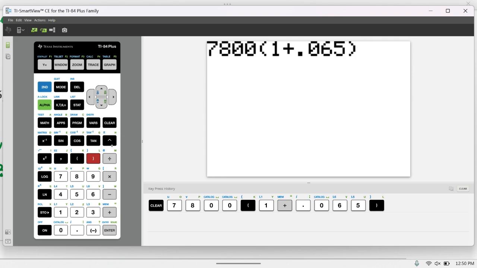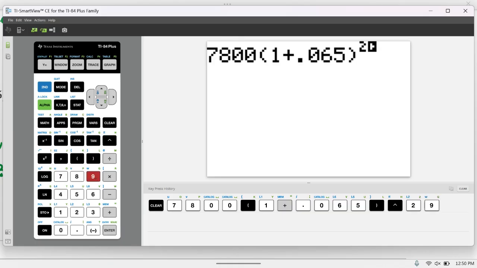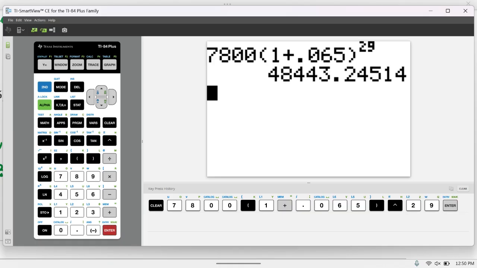Remember, the raised key is that little caret key above the division sign. Raised to the 29th power. Hit enter. Now, that's how much money, if you did not touch that account in 29 years, like you just left it alone, you didn't add or take out any money, that's how much money would be in your account after 29 years. Pretty big from 78 to 48,000, huh?